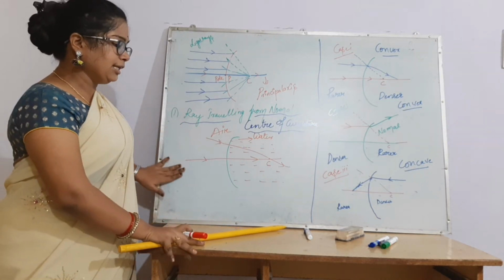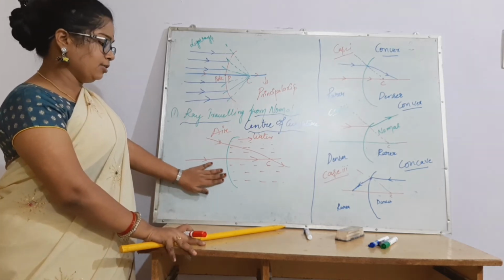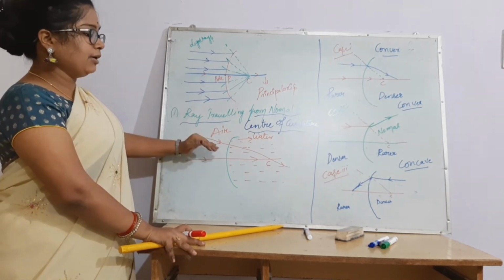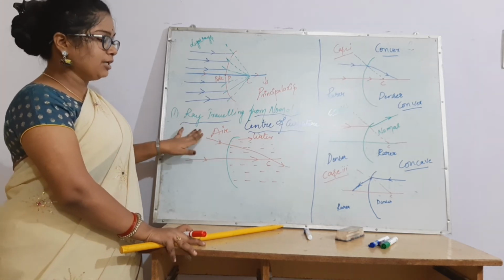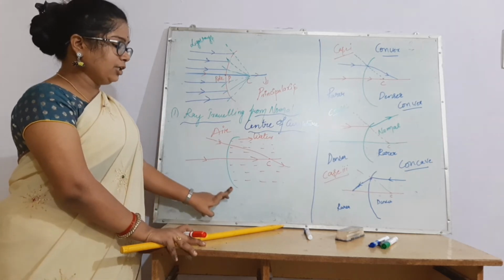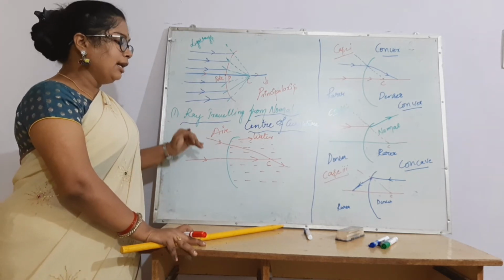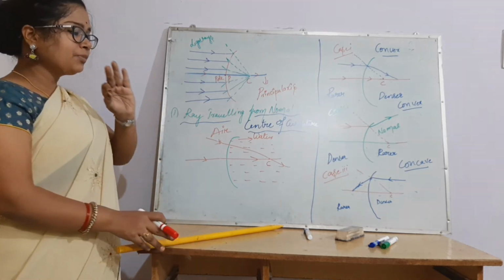In these two cases, the light does not change its path. In the case of refraction also, one is the principal axis and the other is when it passes through the center of curvature. At the two normals, the light does not change its path.